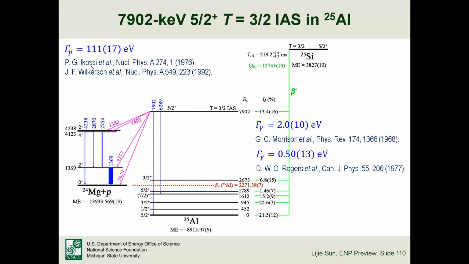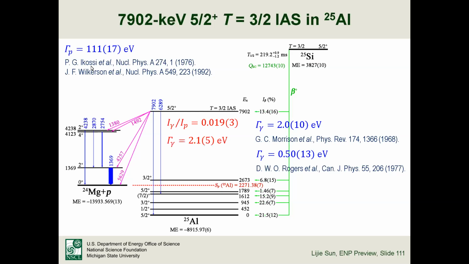However, there are 2 magnesium-24 p-gamma reaction studies that reported 2 gamma-ray partial widths of this IAS. They differ by a factor of 4. So we need to try to solve this conflict.